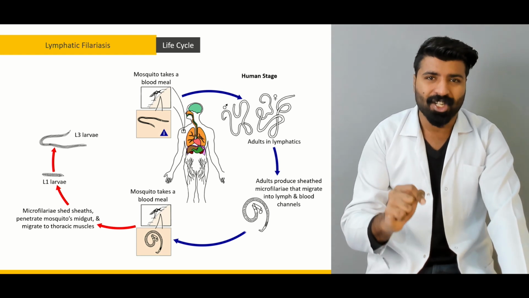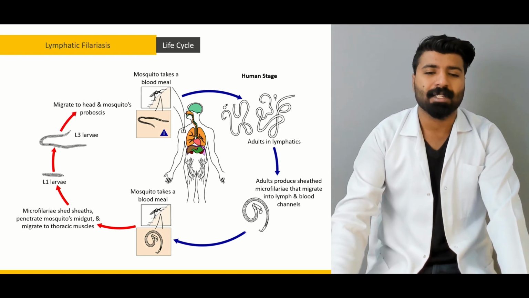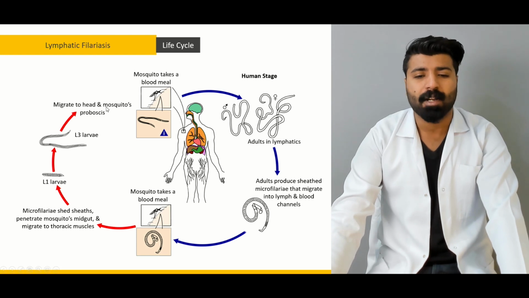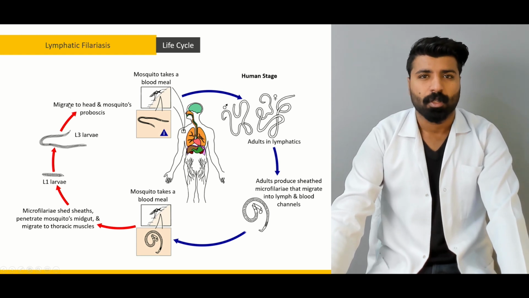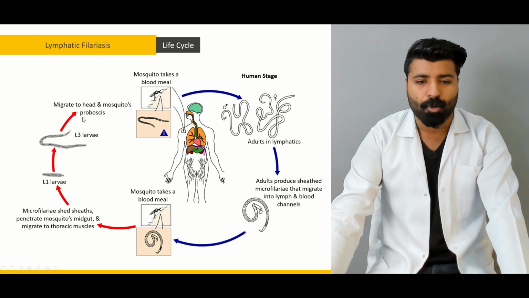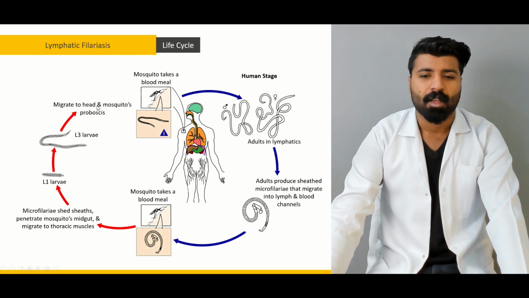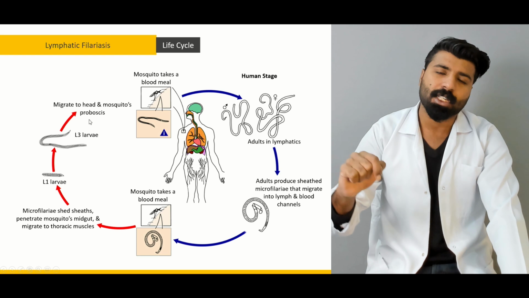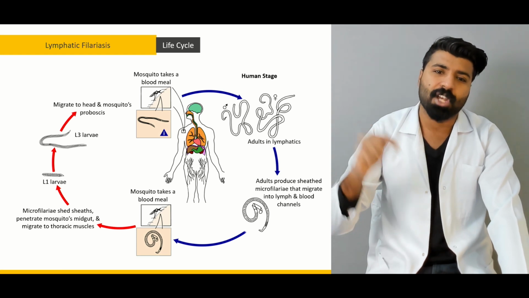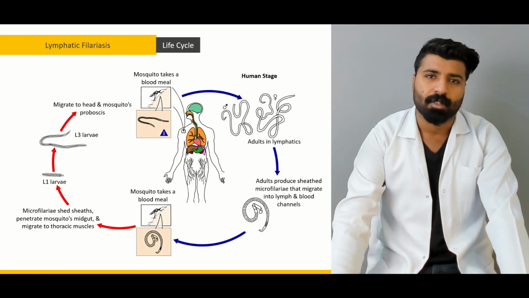So once it reaches the L3 level, it migrates to the head and proboscis of the mosquito. Once it's in the head and proboscis, whenever that mosquito bites, it will introduce that L3 larva into your system.